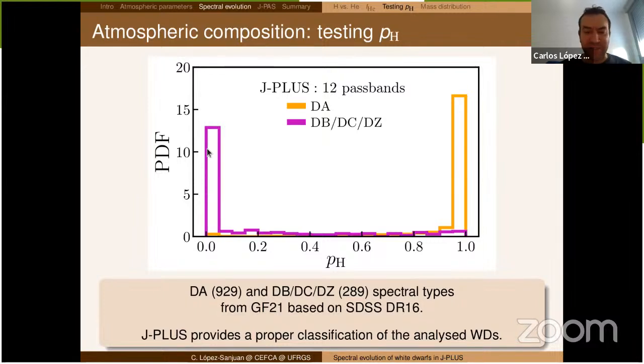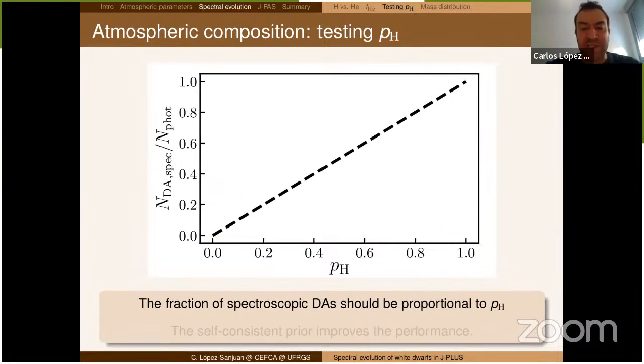Of course, we can start to discuss purity and completeness, but this is not what we are interested in at the end. What we want is our probabilities to be representative, and how can we test this? So in this figure, in the x-axis, you see the probability of being a hydrogen dominated atmosphere, and in the y-axis is the fraction of all the objects with a probability pH that are indeed a DA from spectroscopy. Let me put it this way.